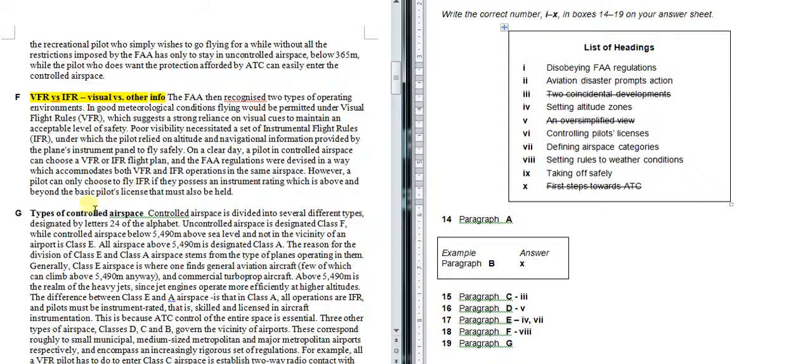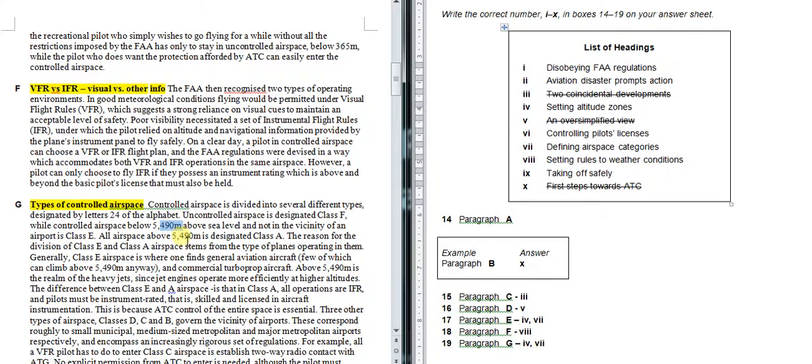All right. Now, moving on to G. Remember, G is going to be either 4 or 7. We need to decide E or G. So types of controlled airspace. Now we need to look at which one is about altitude. Okay, airspace categories or altitude. Okay, so look through.